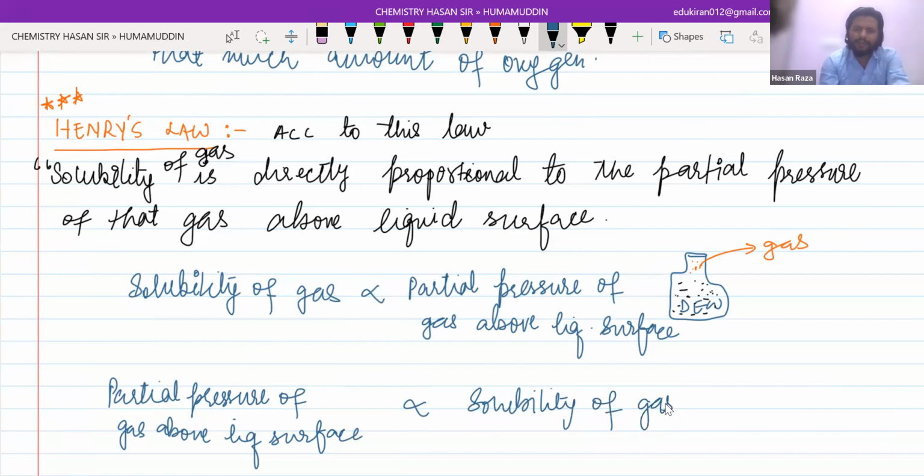So basically, this law is all about the solubility of gas in liquid, and solubility of gas is directly proportional to the partial pressure of gas above liquid surface. So please do write it, and we are going to derive a formula from this.